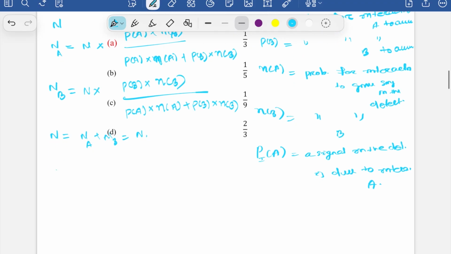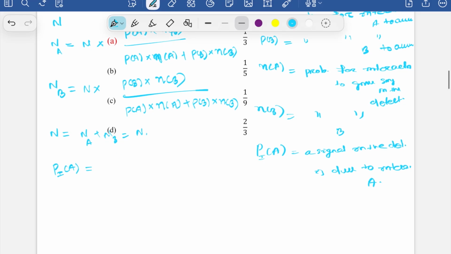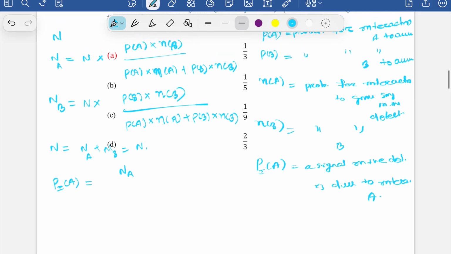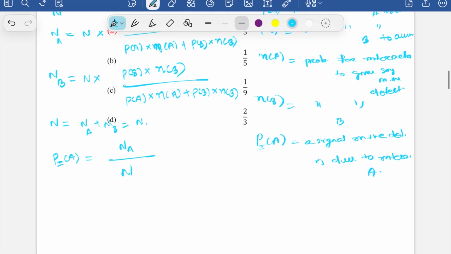So the probability that a given interaction or a given signal in the detector is due to interaction A is the fraction of A interactions, or we can say the number of signals due to interaction A divided by the total number of signals in the detector.